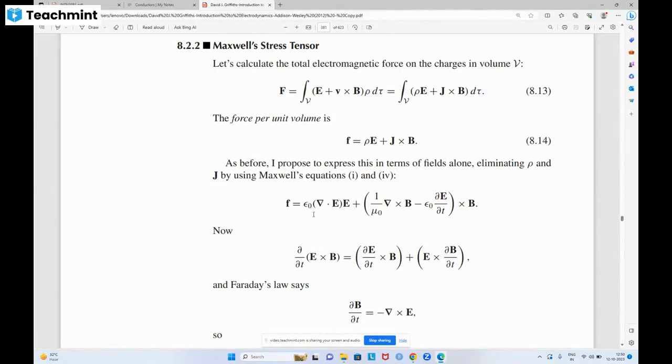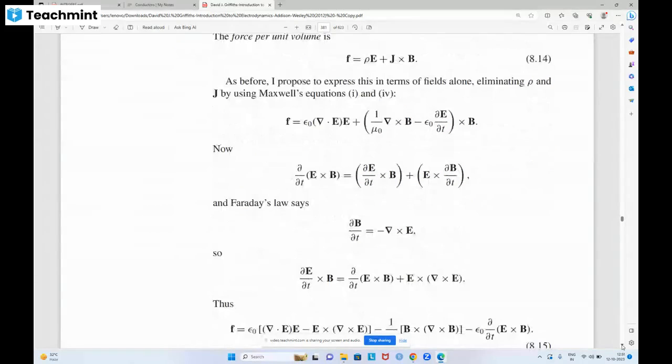And f can be expressed as epsilon 0 times divergence of E times E, plus 1 upon mu 0 times (curl of B minus epsilon 0 del E over del t) cross B. And we can express del over del t of (E cross B) as del E over del t cross B plus E cross del B over del t. And Faraday's law says that del B over del t is equal to negative curl of E.